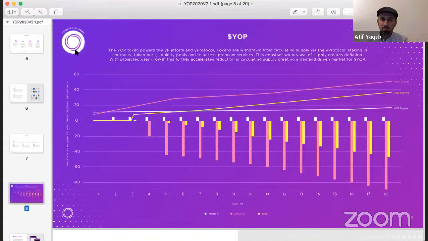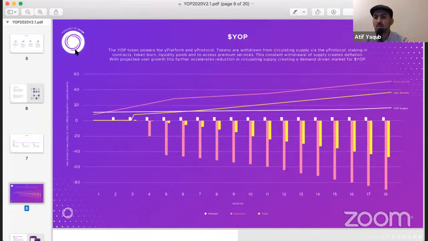But that alone is just one side, and as the users grow, there's more tokens withdrawn from the market from that aspect. But for more in-depth detail, what we're looking at is where your reward is being collected in a yield contract. We're looking at converting your yield reward into Yop token and market selling the other token, so that the user is being rewarded in Yop and therefore creating more value and functionality within the Yop token.